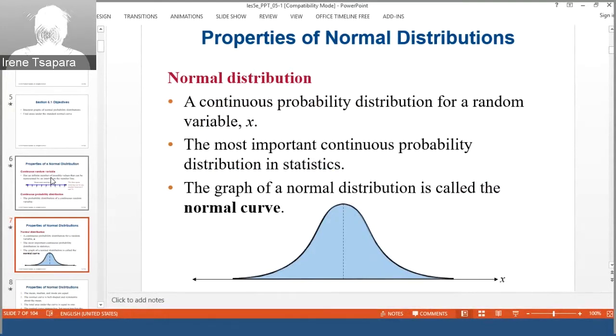So instead of using information from the binomial distribution, we can approximate it by using the tools that we have for the normal distribution. Now, why is this important?